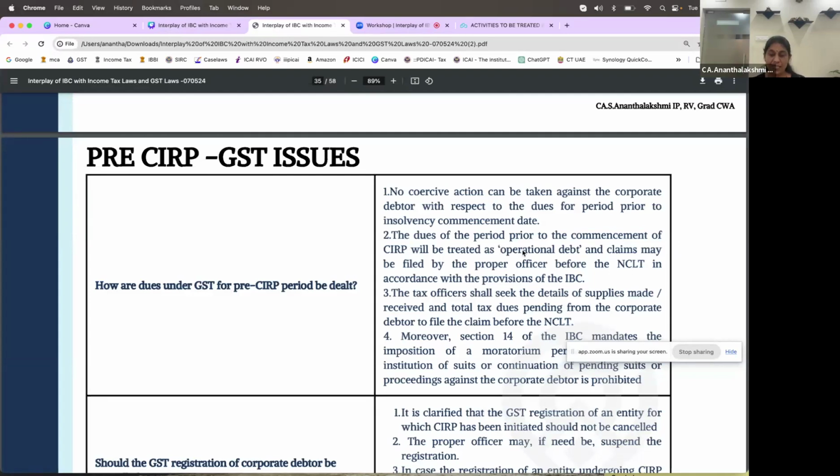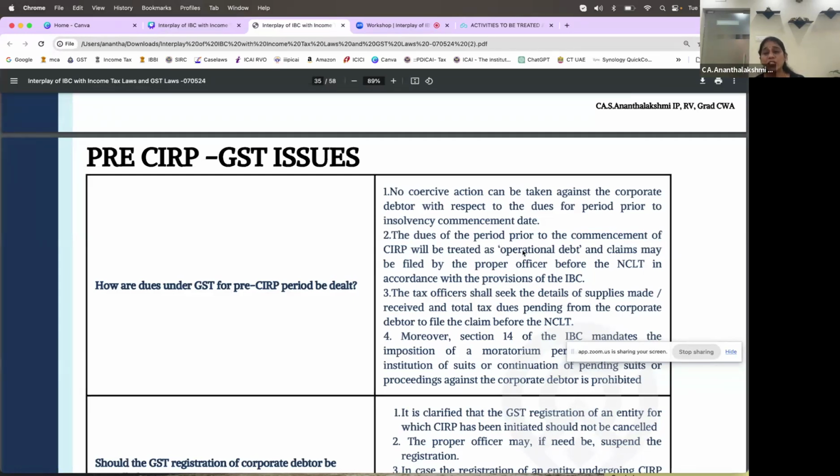What this FAQ says is that if you have any liability, you submit the claim as operational debt. We know very well that statutory dues, whether to the central government or state government, fall under the category of operational creditor. They have to file claims like any other operational creditor, and they have to get the amount.